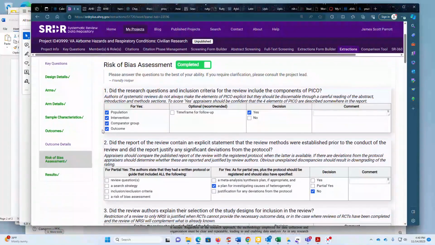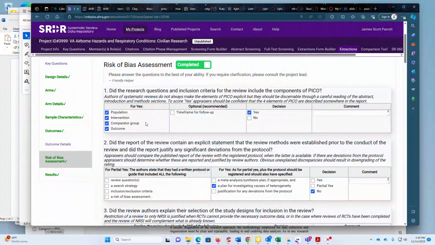Did the research question and inclusion criteria for the review include components of the PICO? Again, I was able to go in, even though we know they didn't make an explicit PICO statement. They did tell us who the population is, what the intervention, or in this case exposure, was, what the comparator was, non-exposed, and then what the outcomes were. So I was able to get that and then make a decision.